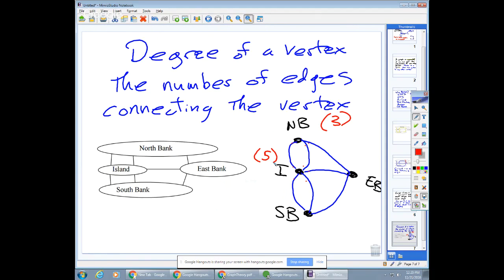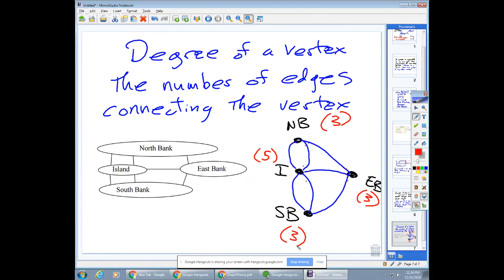East bank has degree 3. It's got 1, 2, 3 edges. And south bank is also degree 3. So everything here is odd, which means we're never going to be able to find an Euler circuit.